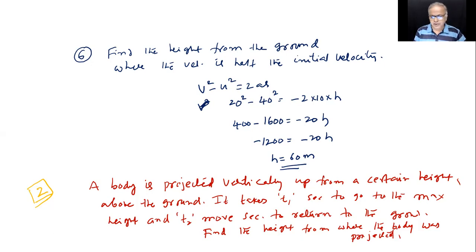Can I go to the next page, children? Hope you wrote: a body is projected vertically up from a certain height, which is not given, above the ground. It takes T1 seconds to go to the maximum height and then T2 more seconds to return to the ground. Find the height from where the body was projected. I'm not sure whether I said the question properly. I just wanted something else, but something came out.